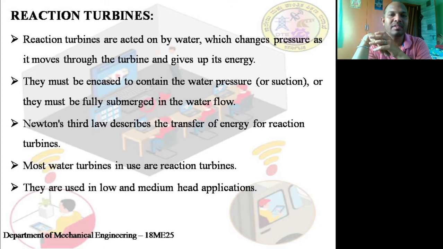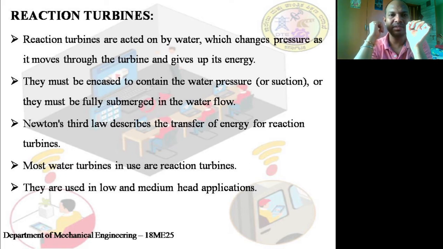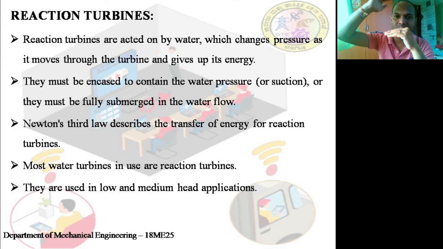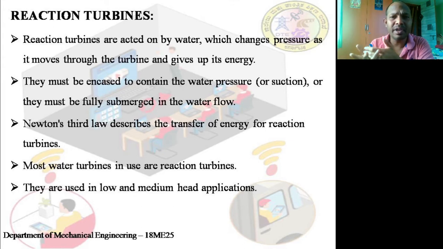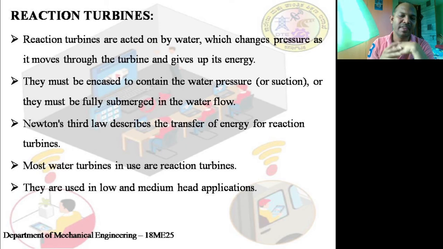Obviously, the water level may vary. One small common sense: if you want to have a Pelton turbine, you should have 300 meters of height of water. Whereas for a reaction turbine, how much do we require? 50 to 150 meters. And if you take a Kaplan turbine, it can work even below 50 meters.